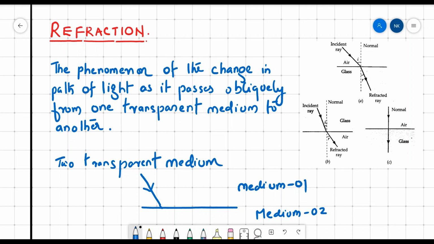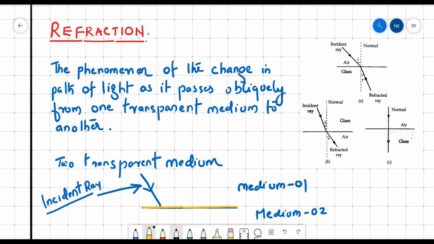The path of light in transparent medium number 1 is known as the incident ray. This yellow line stands for the interface, the separation between the two media.